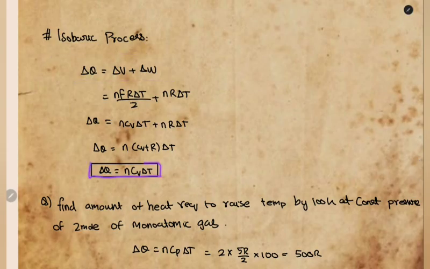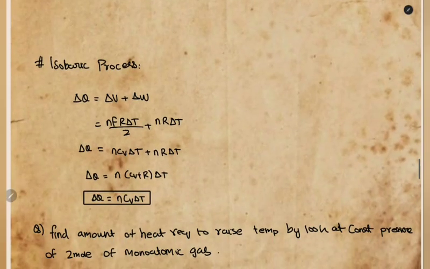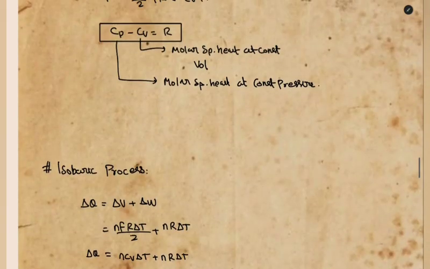Isobaric process, same thing. You can also convert in this form: delta Q is equal to N Cp delta T. How is this? Delta Q is equal to delta U plus delta W. If you change the delta U formula and delta W formula, it will be like this: delta Q is equal to N Cv delta T plus N R delta T. So at last you will get this equation, and from the above equation you can get Cv plus R equal to Cp.